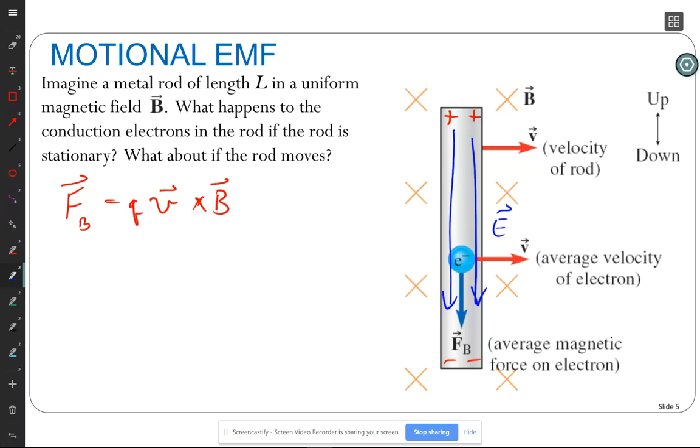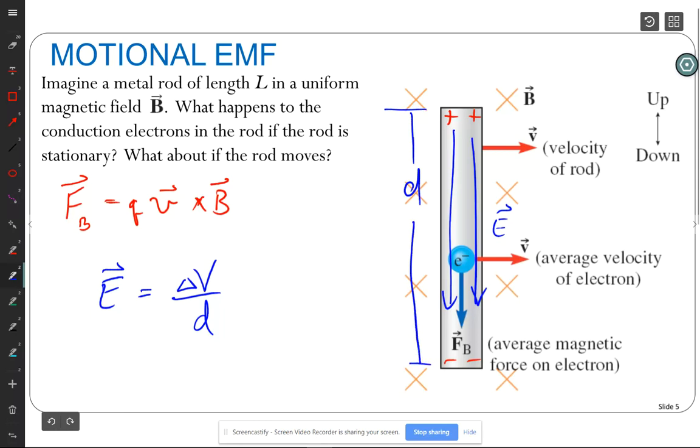And this is going to be a uniform electric field. Why? Well, our symmetry. And so if it's a uniform electric field, then the electric field strength is the voltage difference across those two sides divided by the separation. In this case, that D is this distance here. So the outcome of this is that I'm going to create a voltage difference on the rod that is delta V equal to the electric field.